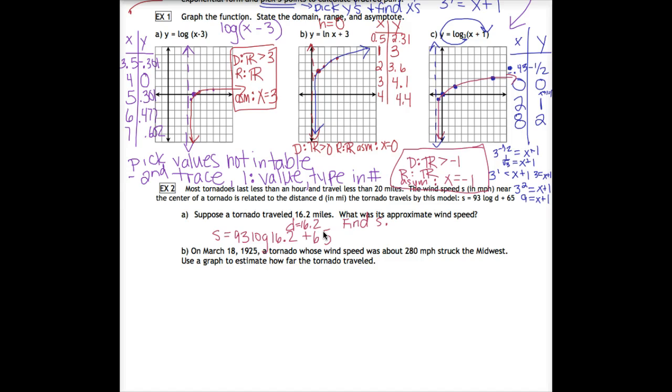Now again, be careful when you press this in. This should be super easy, but I always get people that put parentheses in the wrong place, and then it becomes difficult. For most of you, when you type in 93 log, it automatically opens a parenthesis. Only the 16.2 should be going in there, not the 65. So when you're typing this in on your calculator, it should look like this: 93 log 16.2, close the parenthesis, plus 65.